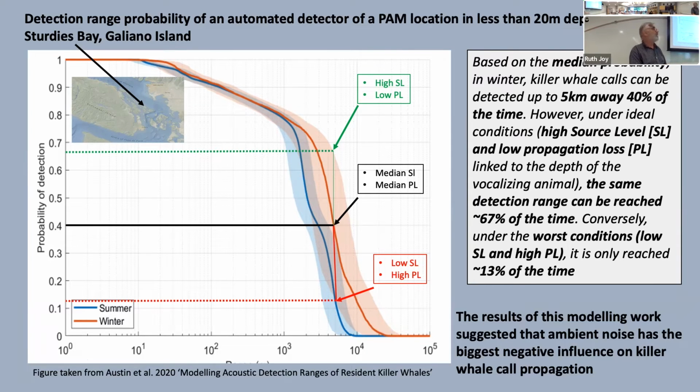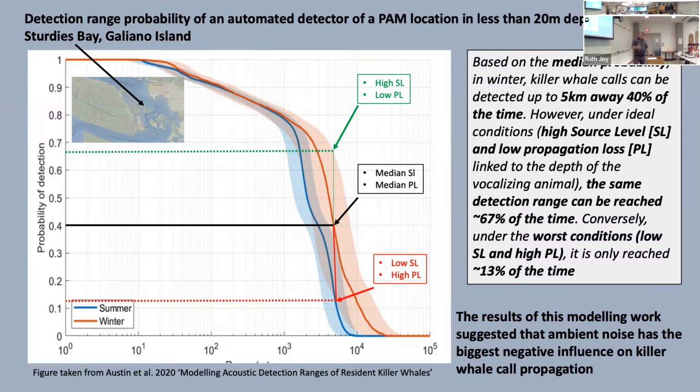Take, for example, a 5 kilometer distance: you can get a detection 40% of the time when everything is mean, the source level is mean, the noise level is mean, and propagation is okay. Whereas at the same detection range with high source level and really good propagation, it can go up to 67%, but it's never 100%.